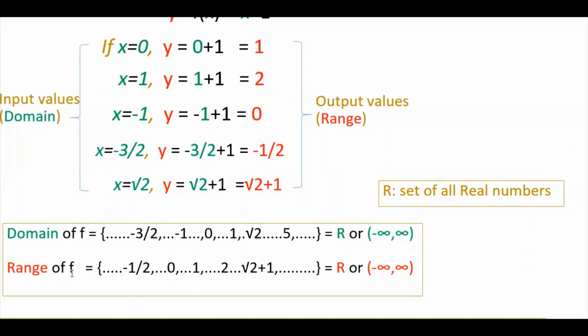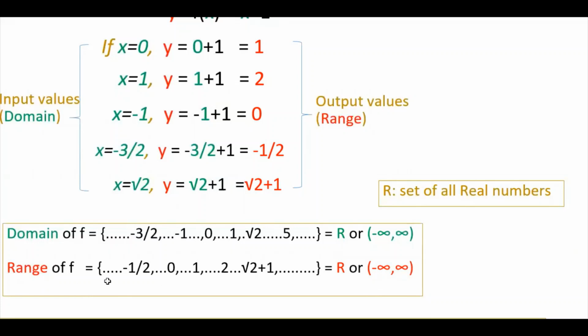And the range of f, if you observe all these values, is also all real numbers only. So that is also R, or you can write minus infinity to infinity.